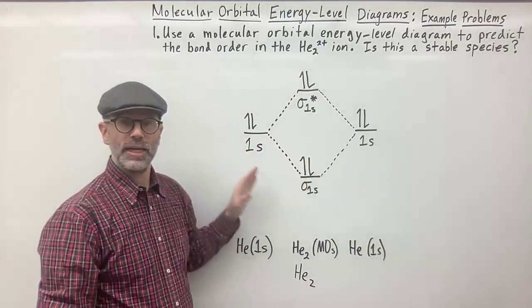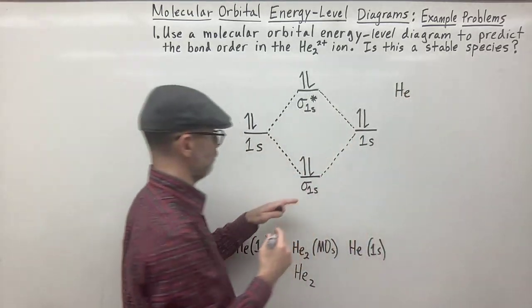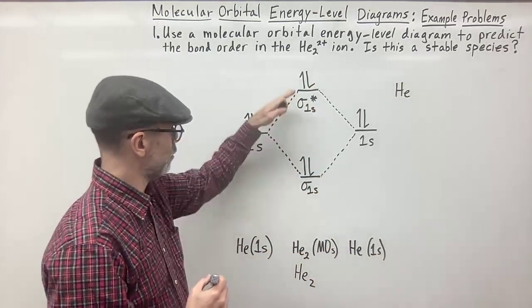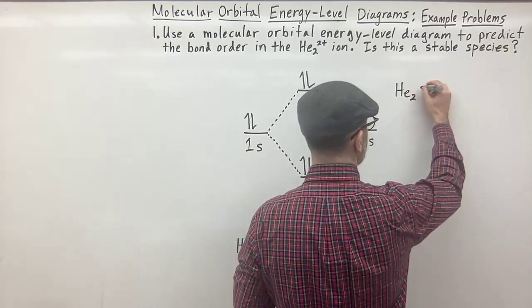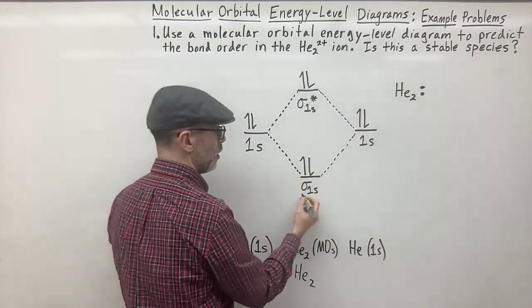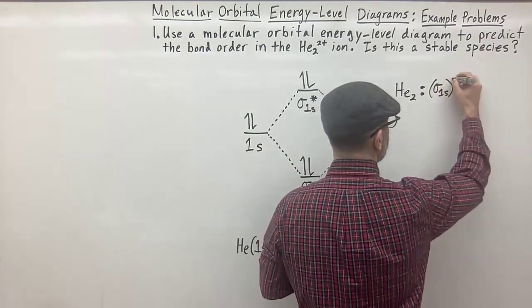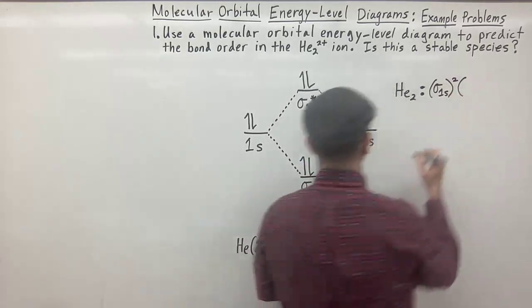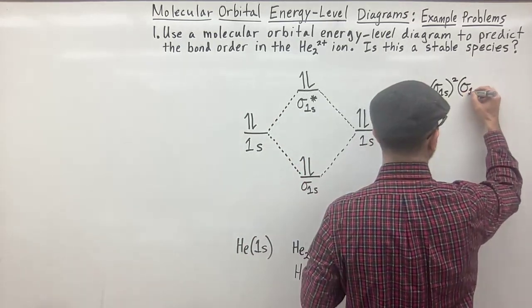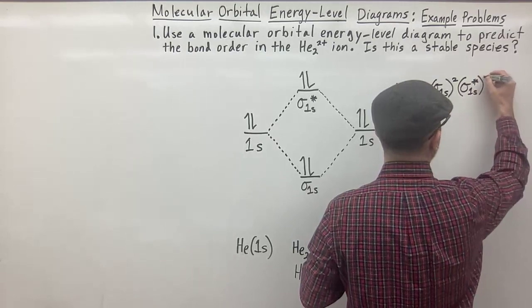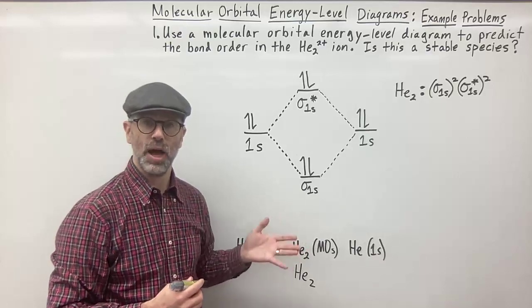And that would be the electron configuration for the molecule He2: sigma 1s with two electrons, followed by sigma 1s star with two electrons.